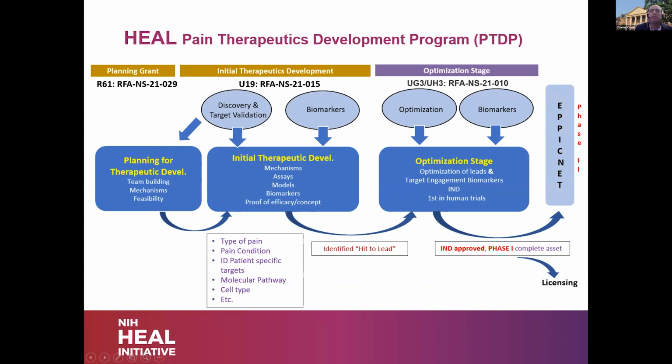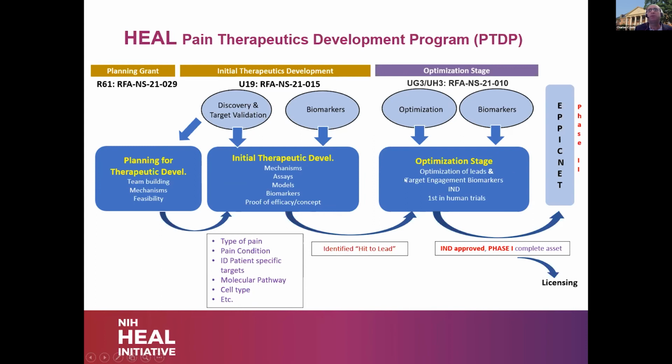We have the U19 program, which is a large multi-group kind of approach to bringing together people to have the entire package, to deal with mechanisms, assays, models, biomarkers, proof of efficacy, all in one big application, and get you ready to do an optimization program.